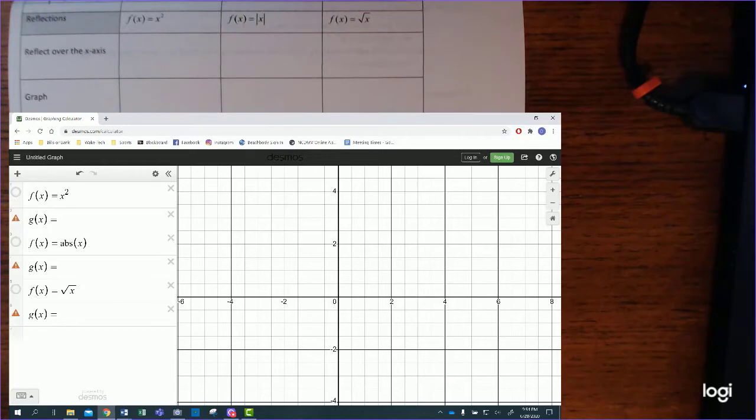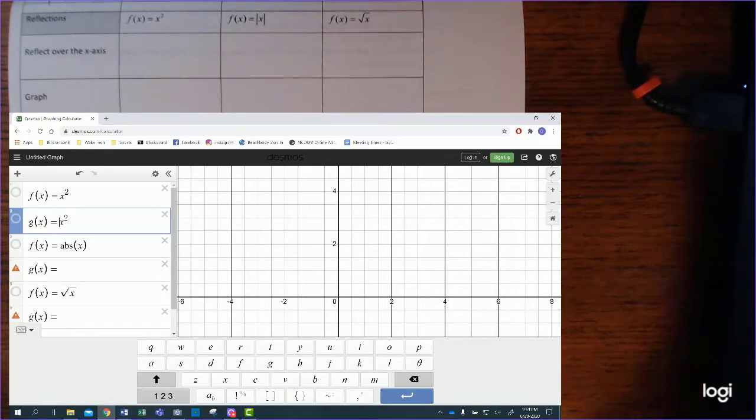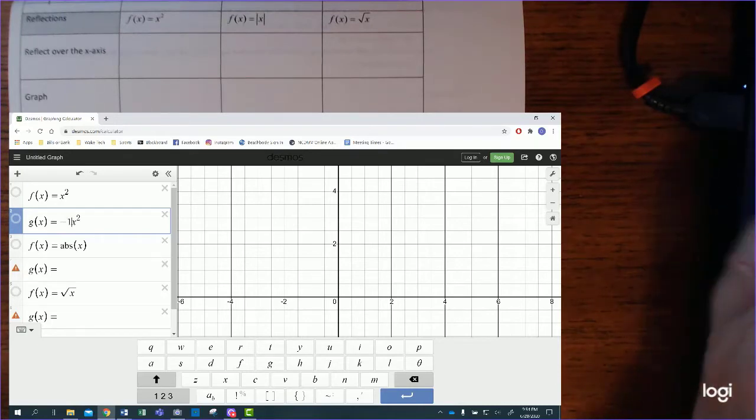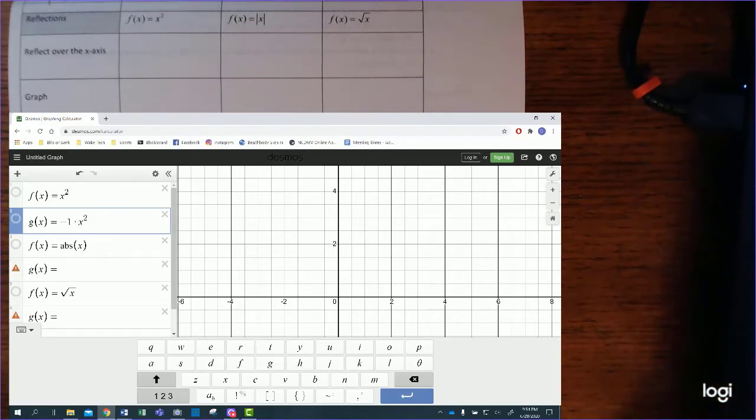Okay, so what we have to do is if we want to change x squared, remember x squared, the x is inside the function because it's being squared. If I want to reflect over the x-axis, I need to change the y, so I need to multiply the y, or outside the function, by negative 1.